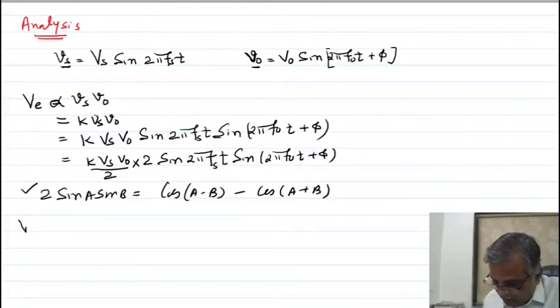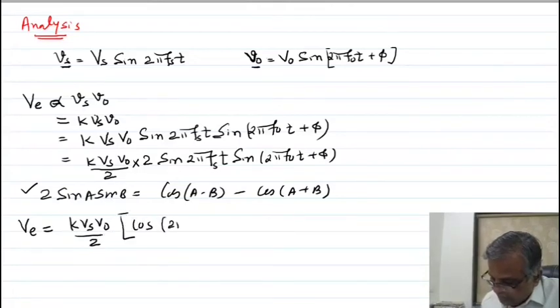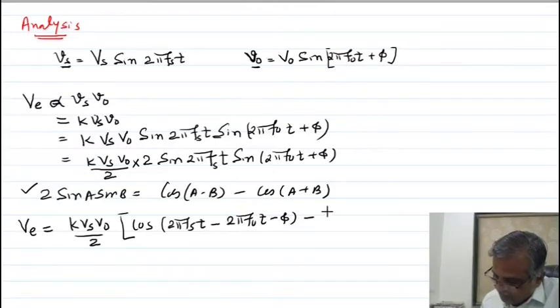So I can write the output of the phase detector as K Vs Vo by 2 into cos(2 pi Fs t minus 2 pi Fo t minus phi) minus cos(2 pi Fs t plus 2 pi Fo t plus phi).